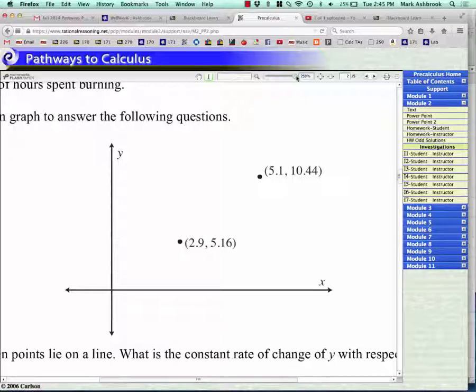Anybody have the constant rate yet? K equals 2.4?